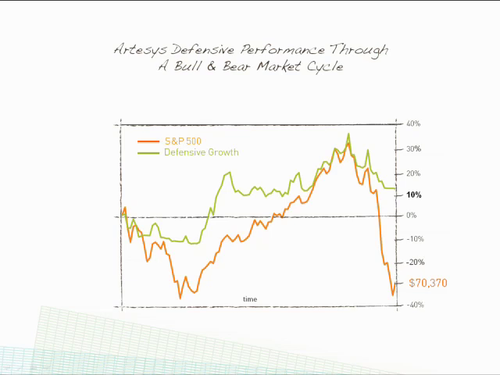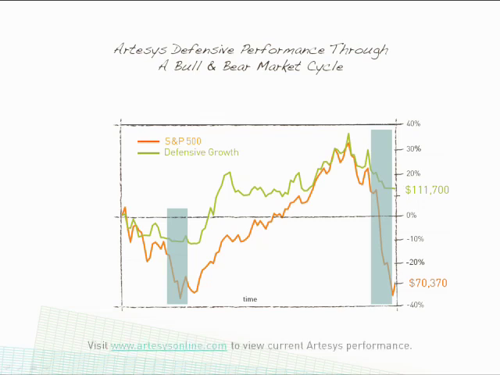A large part of this spread between this portfolio and the S&P can be explained by Artesis moving out of the market during periods of uncertainty, as displayed in the highlighted areas, thereby protecting the investor. We suggest the returns of these portfolios validates the defensive methodology. Visit our website for information regarding performance since inception on defensive growth, moderate, and conservative portfolios.